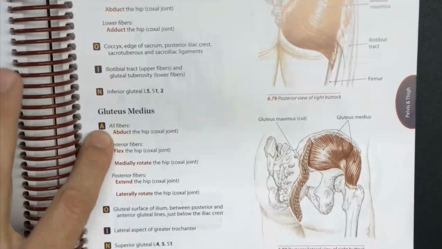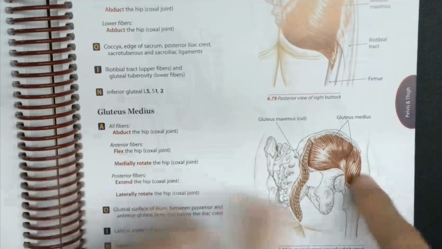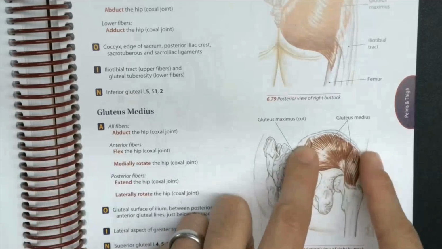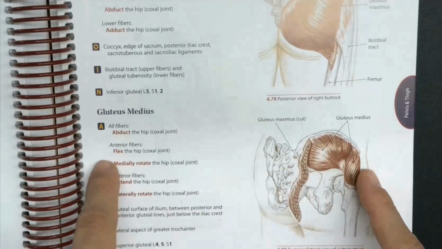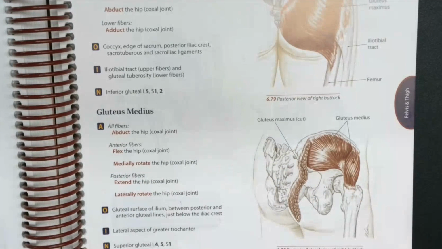But as we can see, we do abduct the thigh, but the nature of the fiber directions, because it is a bit of a broad muscle, right? We can flex the hip, we can extend the hip, and we can perform medial and lateral rotation. So it is a major and antagonistic muscle to its own self because of lots of its actions.